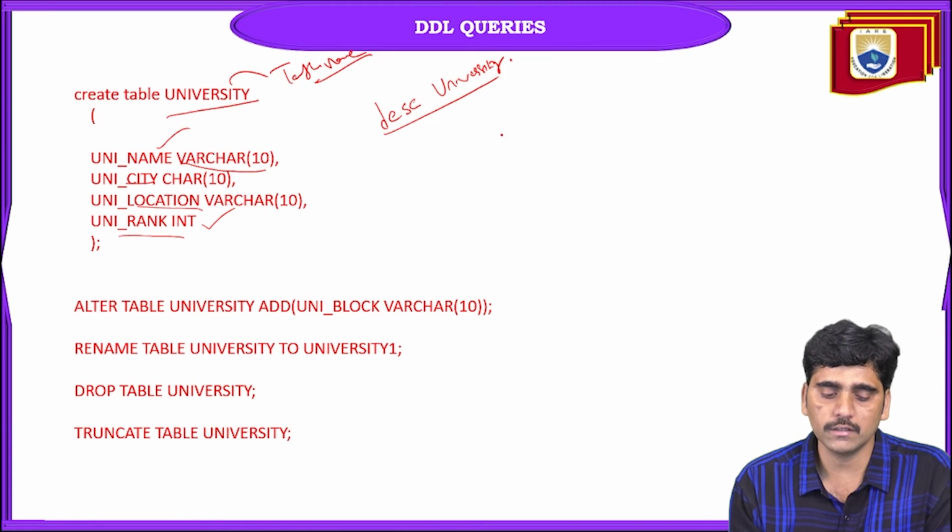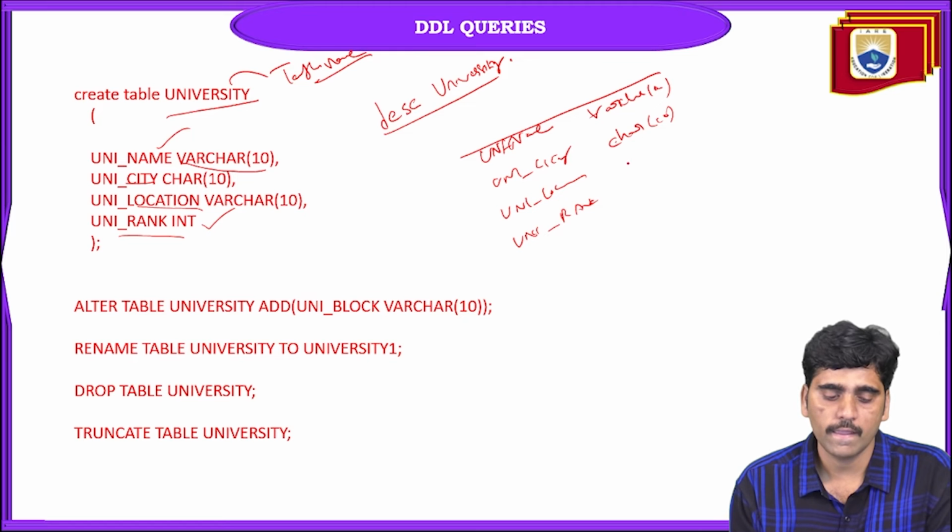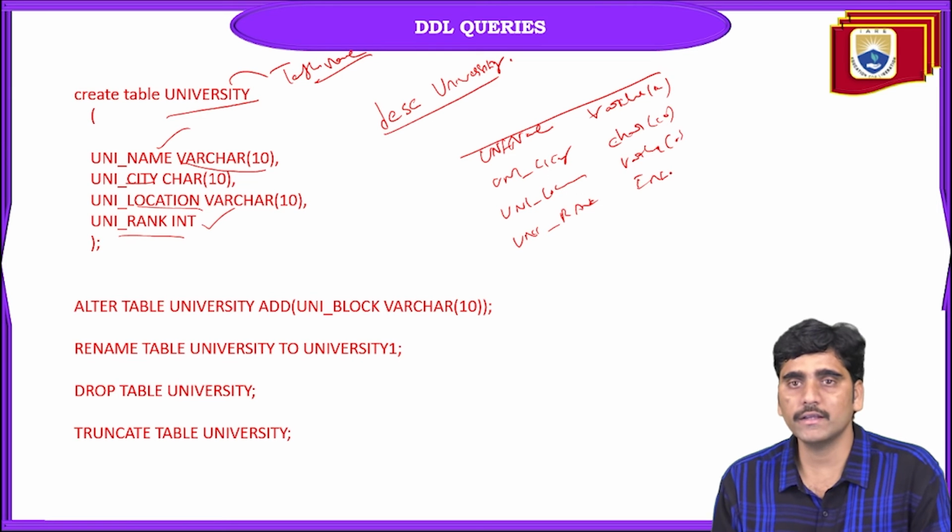So the structure is displayed like this: uni underscore name, uni underscore city, university underscore location, university underscore rank, along with the data types: varchar of 10, city char of 10, location varchar of 10, and rank integer.